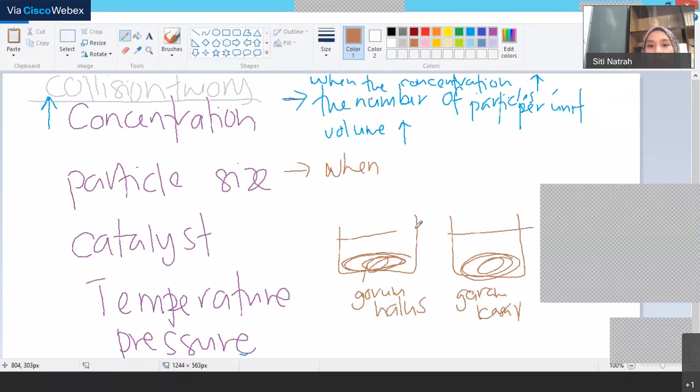So which one will dissolve first, the fine salt or the coarse salt? For particle size, we can see the fine salt will usually dissolve faster. Okay, understood? Right.